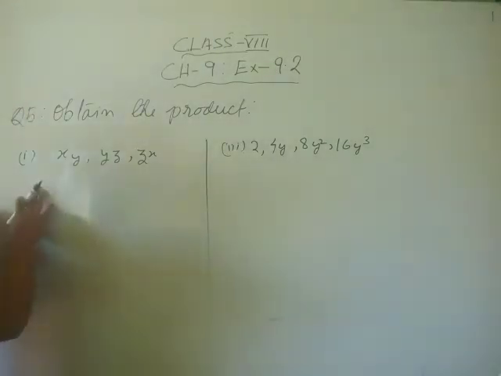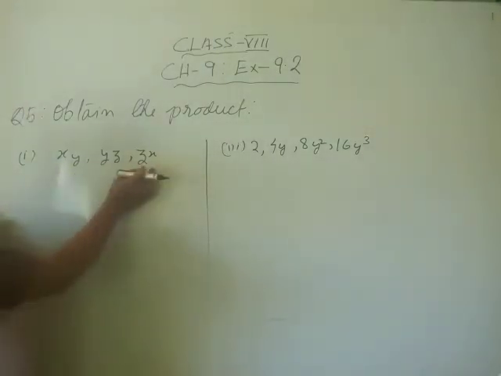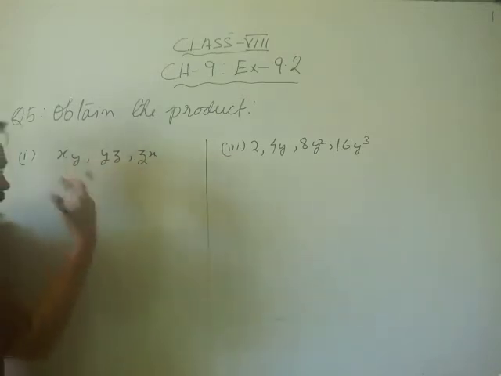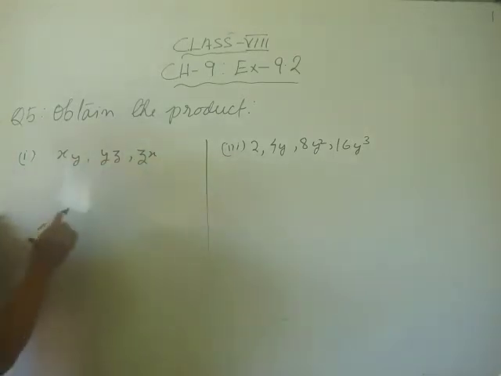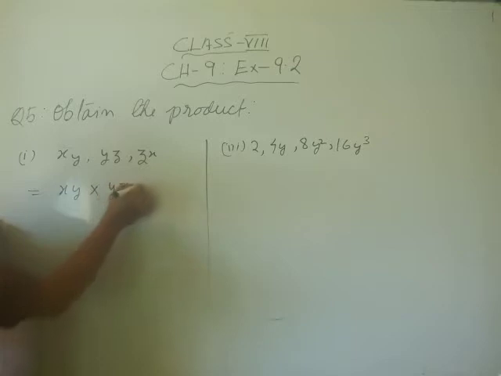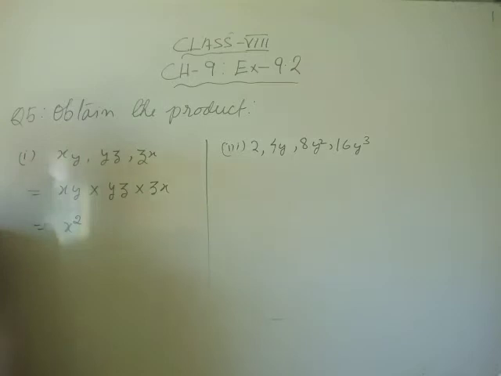Now let's see here. In Roman number 1, 3 expressions are given. The commas indicate that there are three expressions. We have to multiply xy into yz into zx. First of all, x. How many x are there? Only one x. Sorry, 2 x's are there. 2 x's means x to the power 2.